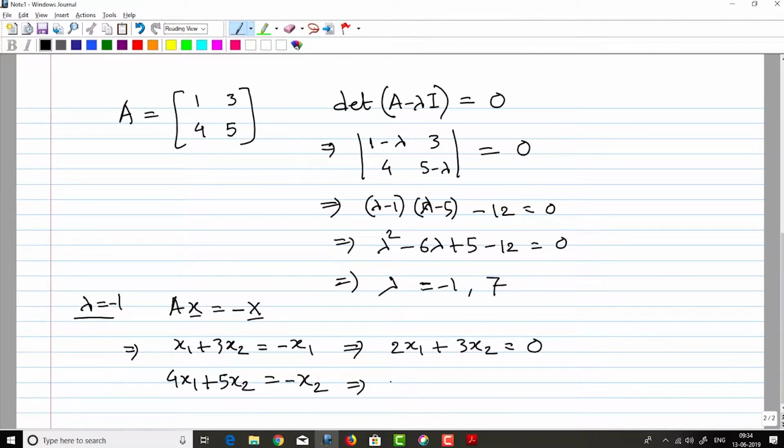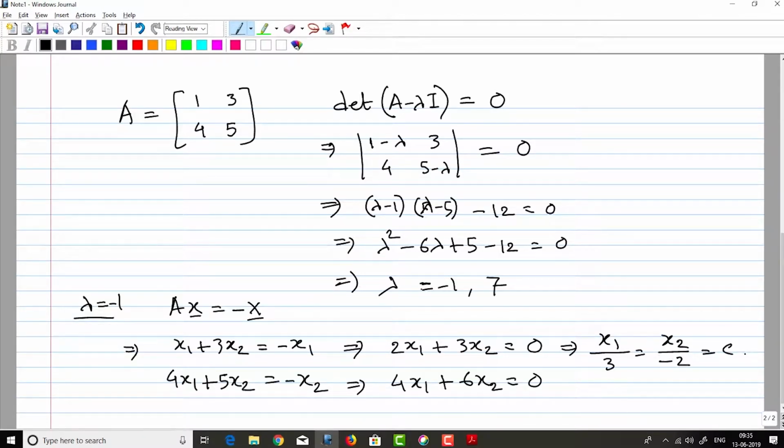This implies 4x1 plus 6x2. So this is basically the same equation, right? So you are getting some redundant equation. So that means that from here we will be getting x1 by 3, x2 by minus 2.